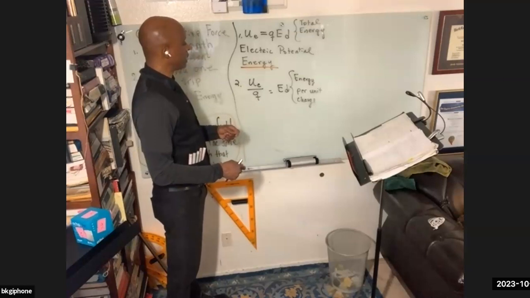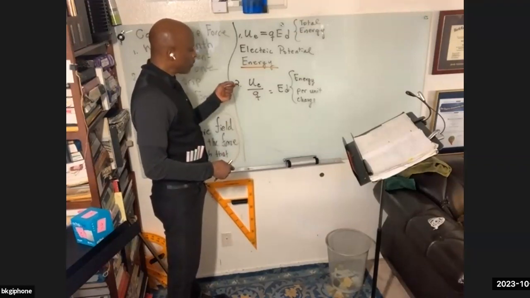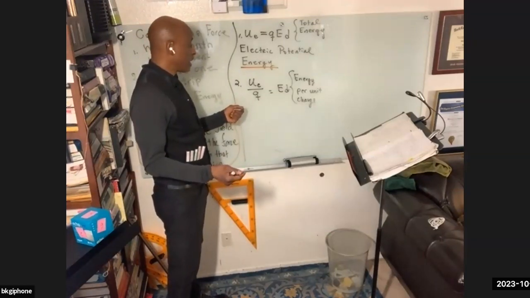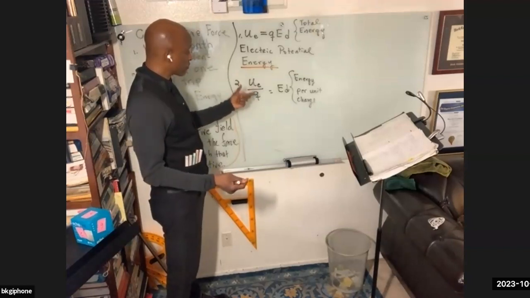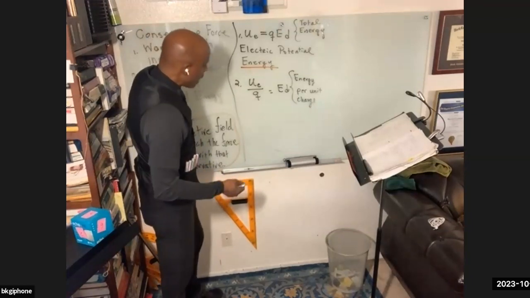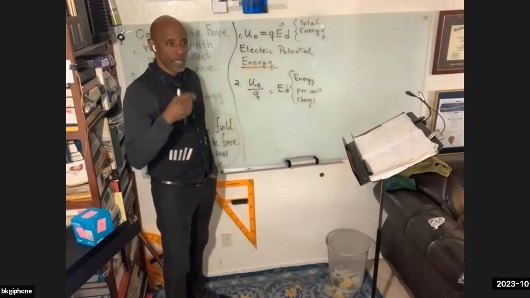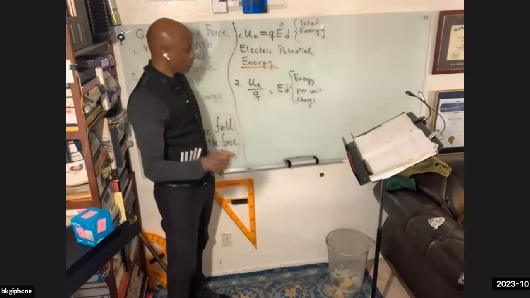And so when we divide by charge, obviously we don't have units of energy anymore. We have units of energy divided by units of charge, so joules per coulomb. And we define this quantity as a potential, not a potential energy, just potential.